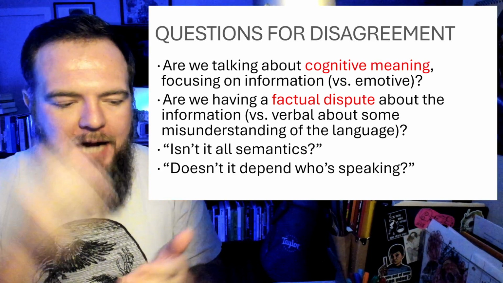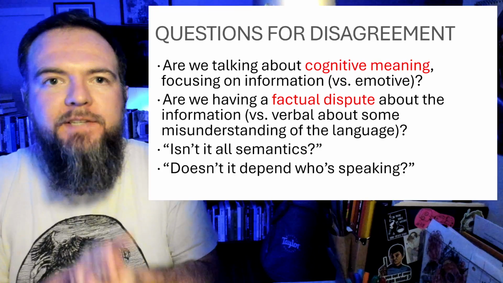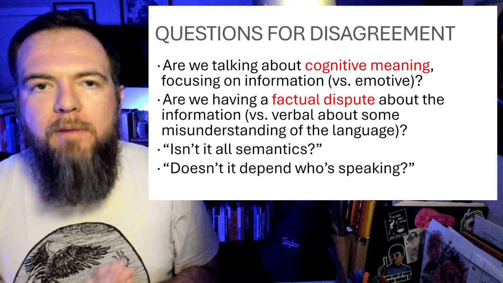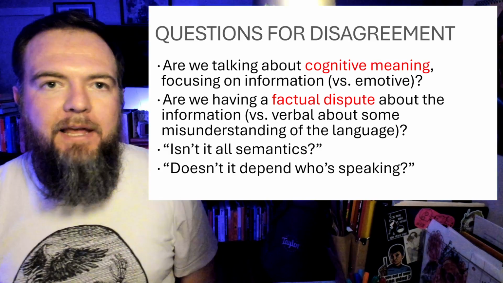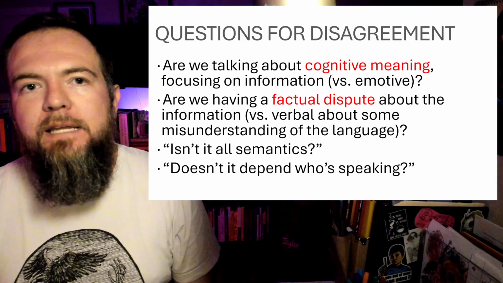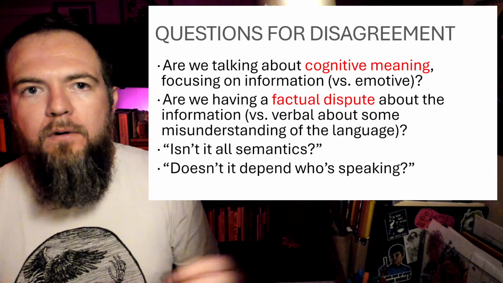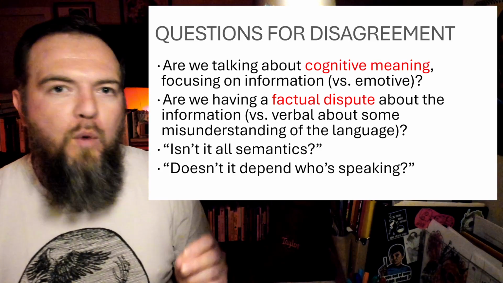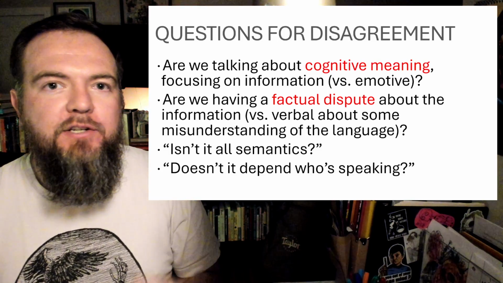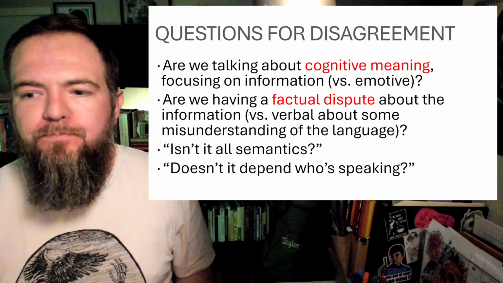Because if we're not clear about focusing on that cognitive meaning, on the information, on the stuff that can be true or false, we might actually be having some sort of emotional disagreement. Maybe we actually agree, but our emotions are completely opposite. So we need to be careful that the purpose for what we're doing whenever we're having these debates or making these definitions is very much clear, right?